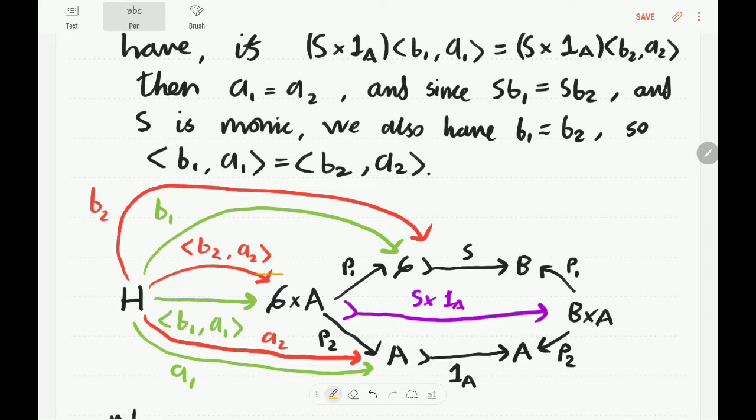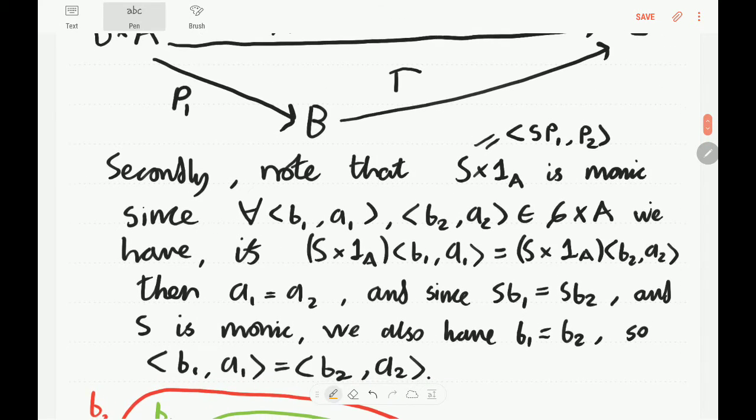We'll assume there's two arrows into it from some general object H. We'll call those arrows B1, A1 and B2, A2. And we want to show that if S times 1A of B2, A2 equals S times 1A of B1, A1, then B2, A2 equals B1, A1. So let's go.